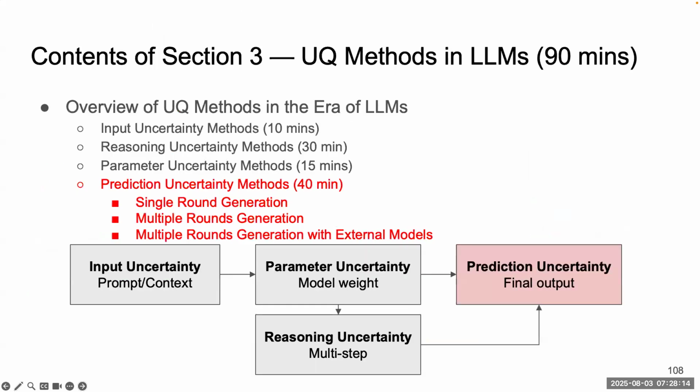Right. Okay, so that concludes the section on reasoning uncertainty measures. Any questions on reasoning? Yep. For the last part, I mentioned structural reasoning paths or structural reasoning graphs.